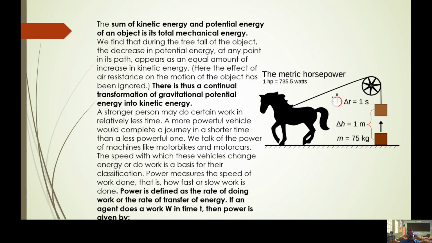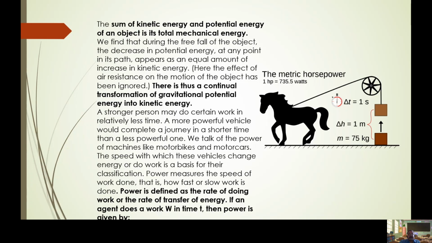The speed with which these vehicles can change energy or do work is a basis for their classification. Power measures the speed of work done, that is, how fast or slow work is done. Power is defined as the rate of doing work or the rate of change of energy.